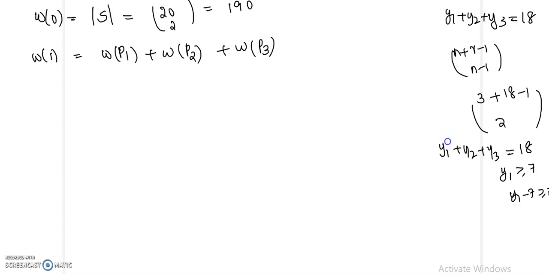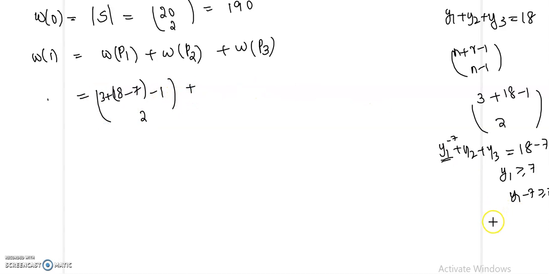So therefore omega of P1: this will be replaced by a new variable, so the number of integer solutions will be with 18 minus 7, so 3 plus 18 minus 7 minus 1 choose 2.